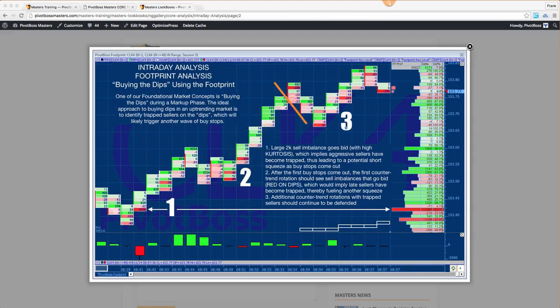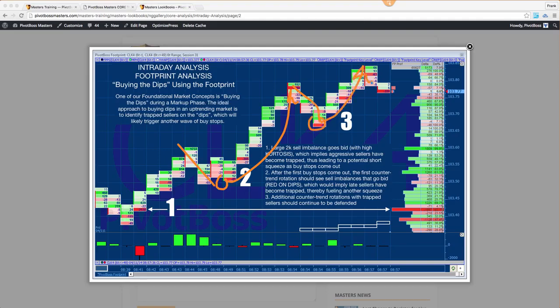And so when price rotates again, more sell imbalances, right? And that helps, again, another rotation. And so when you're looking at buying the dips, part of our foundational market concepts, during the markup phase, you're looking to buy the dips on these rotations. In a markup phase, you look to buy dips and then look to hand them off.